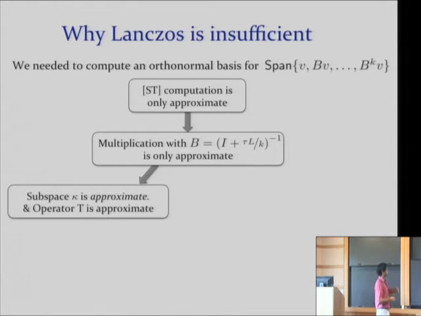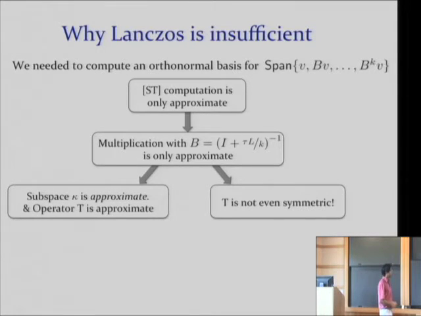So the subspace that you get and the operator and the basis, everything is approximate. You can bound term by term error, but all of these computations are iterative. So error in the first step cascades down to computations in several steps. So it's totally not obvious that the error is bounded. Rather, if the function you're computing is not nice, all bets are off.